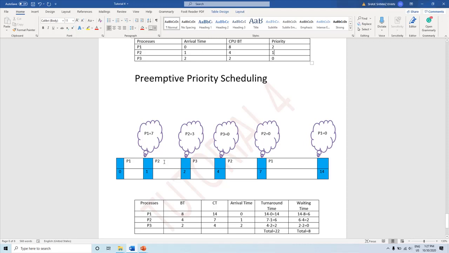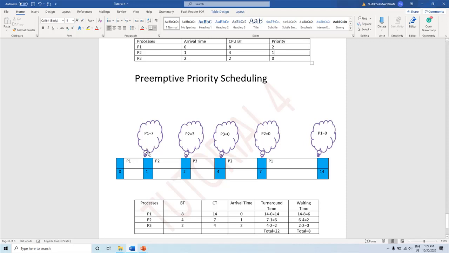So what happens? Context switching takes place because it is preemptive scheduling. P1 has not yet finished. However, since P1's priority is lower than P2's, P1 is preempted and taken out from the CPU.